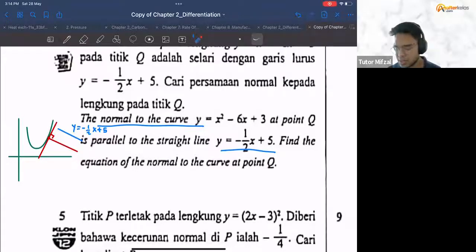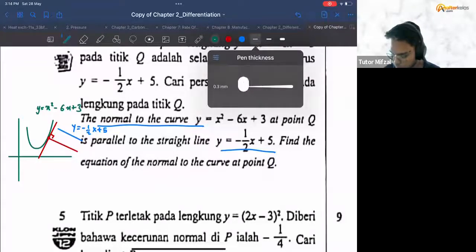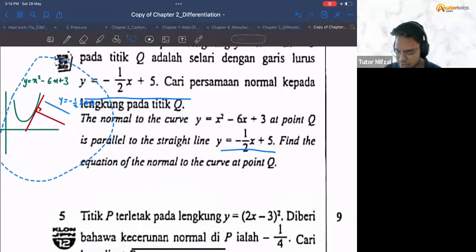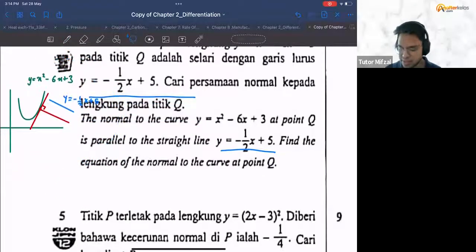Sebab apa? Dia bagi kita satu equation which is x squared minus 6x plus 3. So this x squared minus 6x plus 3, if I differentiate this, let me find the dy/dx. If I differentiate this, I dapat 2x minus 6.